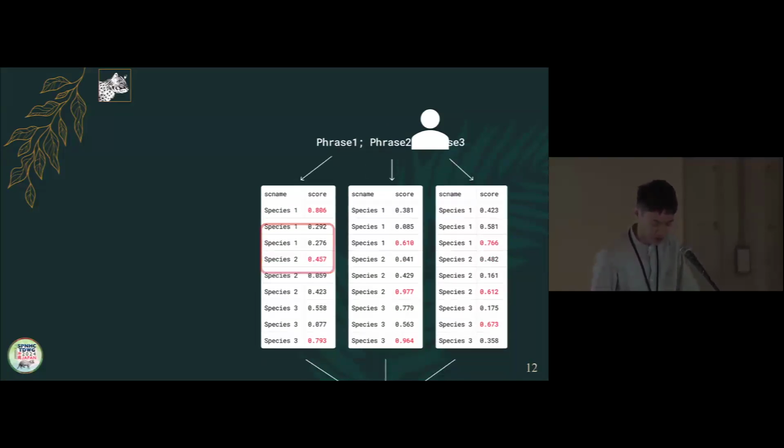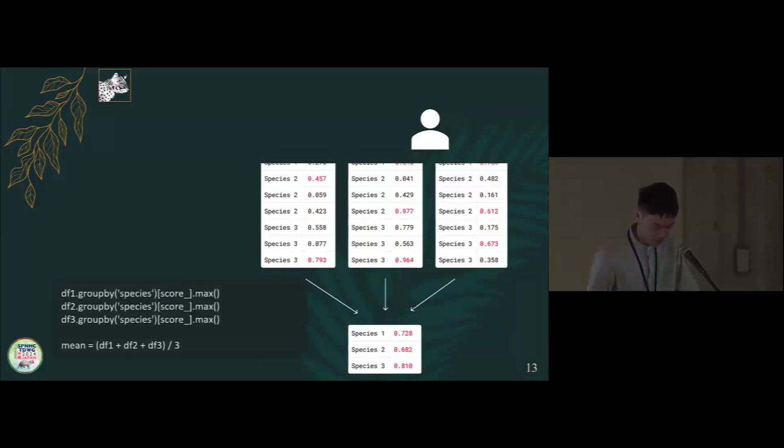If you don't understand, it's more friendly to look at the code in Python: you would first group by and find the maximum value, average the score of each column, and you can get the result.